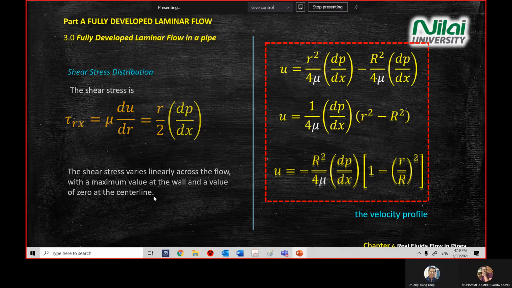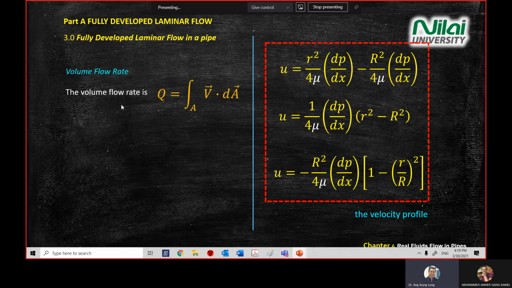All right. Then you can use this equation to calculate the volume flow rate. Volume flow rate Q equal to velocity times the cross-section area, so Q equal to VA.